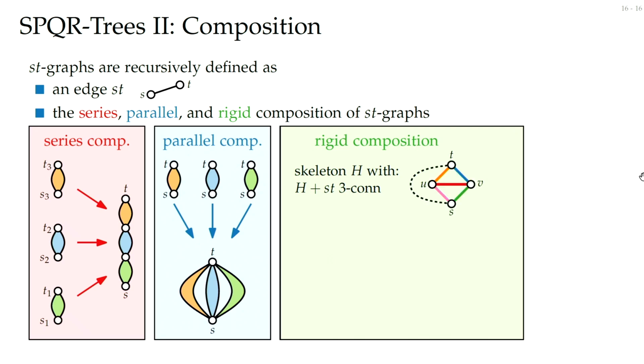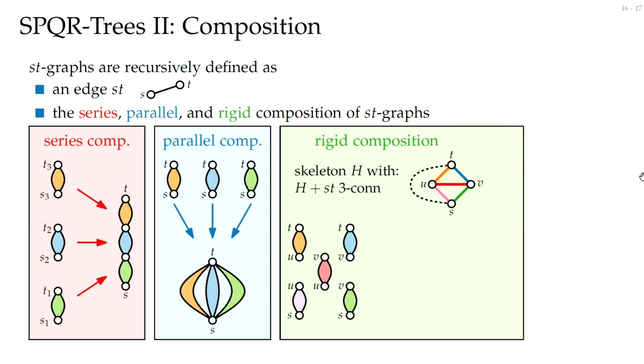We take any 3 connected graph with the edge ST, and this builds our skeleton. And now the skeleton means that we want to replace each of these edges. Either we keep it as an edge, or we replace it with some component. So if we have many ST graphs, we can glue them together by taking any 3 connected graph as a skeleton, taking any of these ST graphs, and replace edges here in the skeleton by these components.